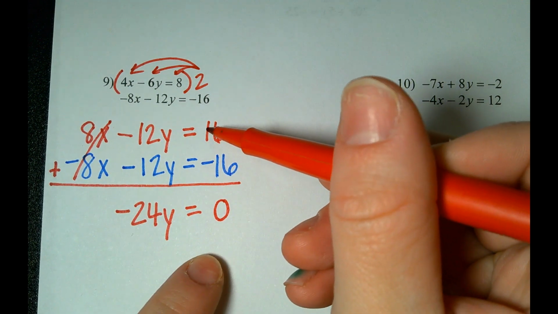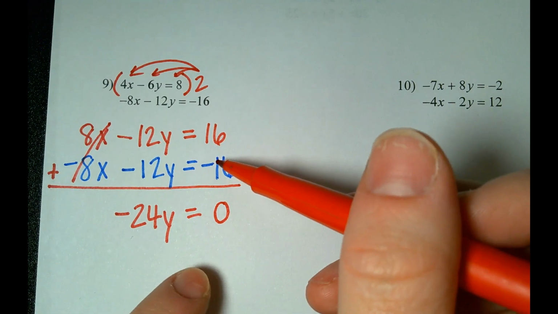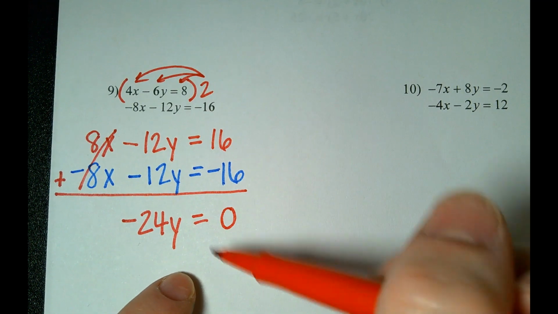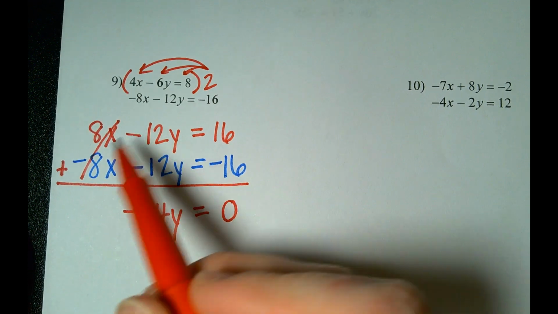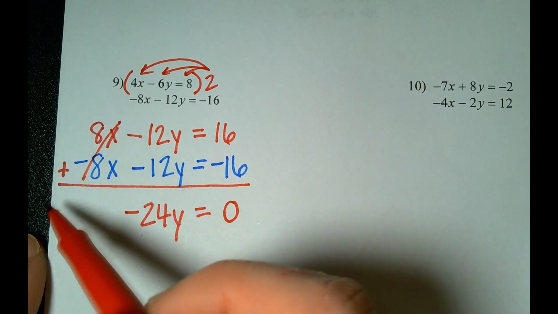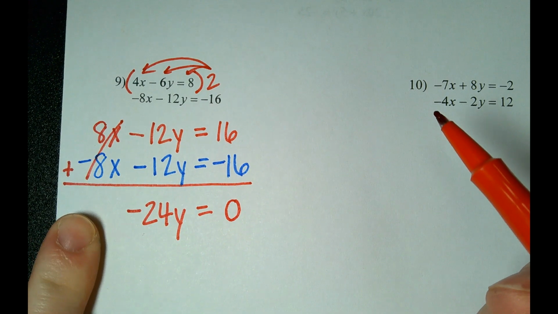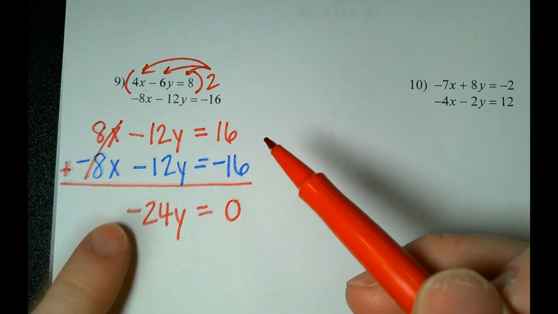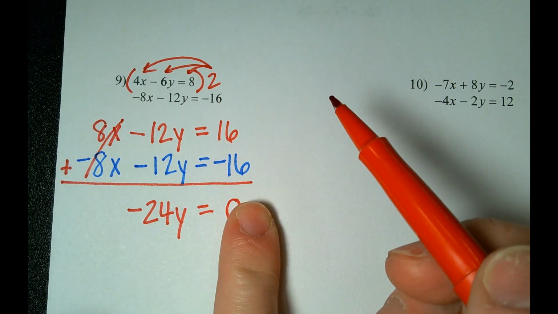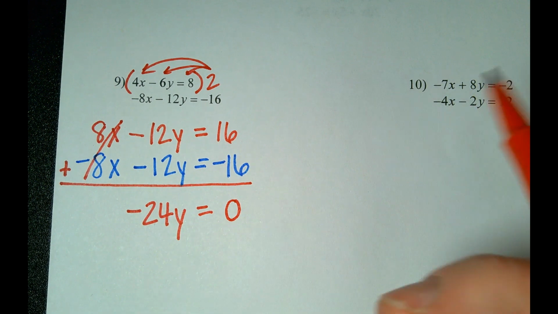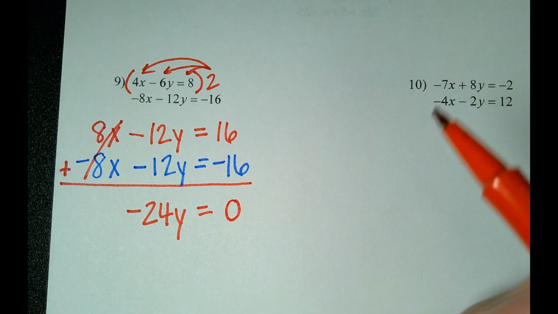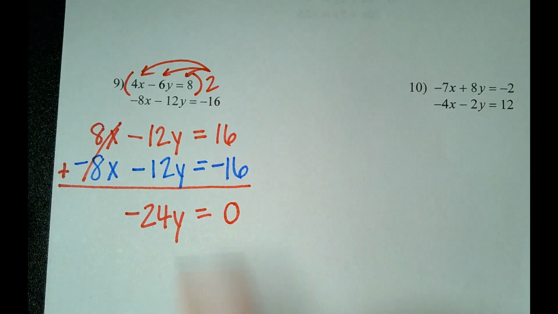But if I start with positive 16 and I take 16 away, I can have 0. That's an answer. The reason we cancel out stuff like 8x minus 8x is because bringing down a 0 over here wouldn't help us. 0 is not helping us unless it's the only thing left, like in this case. So, Dylan, what would I do from here?